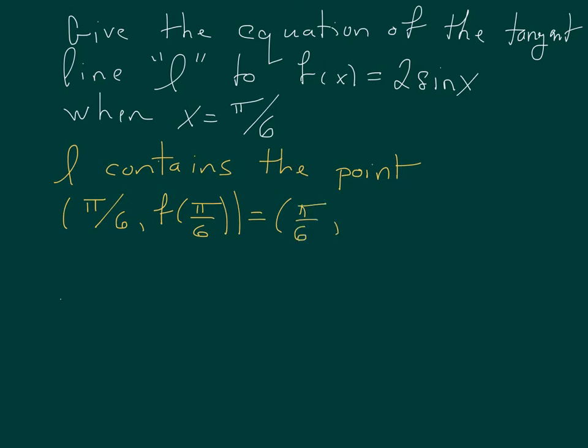What's f of pi by 6? Well, f is 2 sine x, so f of pi by 6 is twice sine of pi by 6.